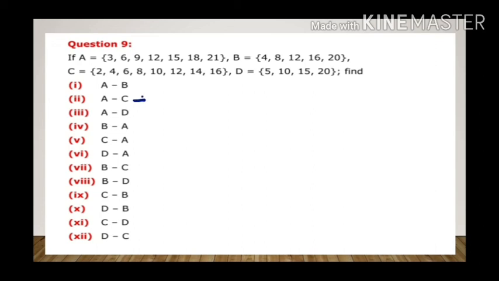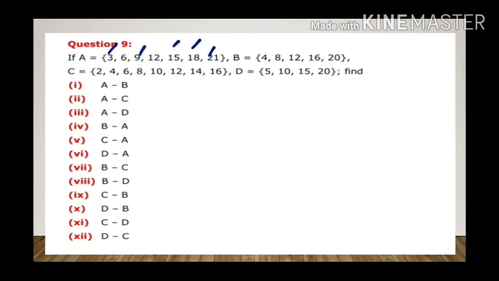Similarly for A minus C, all the elements which belong to A but do not belong to C. As you can see, this 3, 6, 9. Now we consider A and C. So 3, 9, 15, 18, 21.